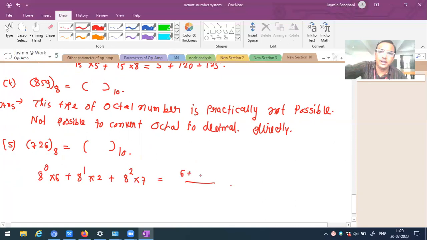So 6 plus 16 plus 64 multiplied by 7, so 448. 6 plus 16 plus 448, so 470 is the last answer.